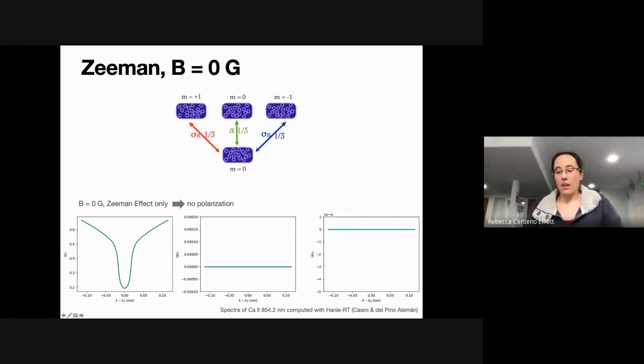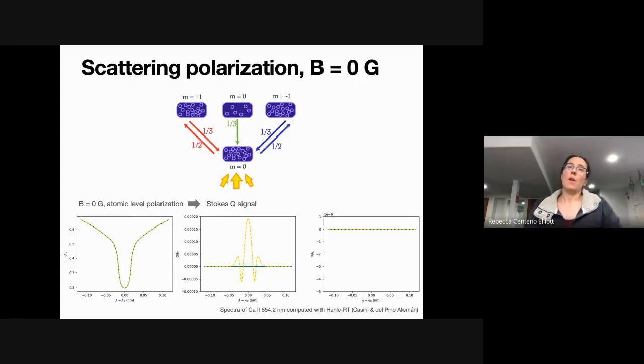Now let's allow a mechanism that can introduce atomic level polarization. The magnetic field is still 0. What happens? These are the emergent polarization signatures. Now, as opposed to before, we have a Stokes Q signal. This is a scattering polarization signal. There is no Zeeman effect introducing polarization in the spectral line.